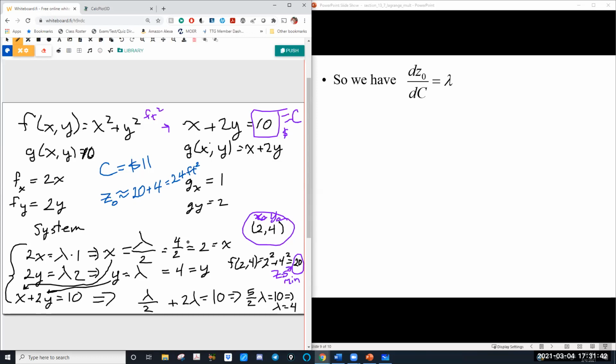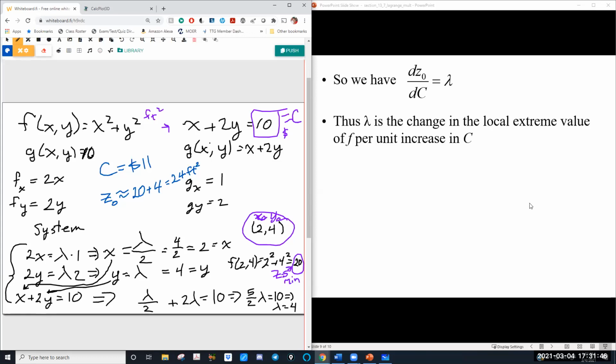Now, this is something I want you to try and get used to, and it's something you'll get asked in the homework as well. I'm going to give you a Lagrange multiplier problem in a context. So what I'm going to ask you to do is give the units on your Lagrange multiplier. So that 4, well, it's dz0.